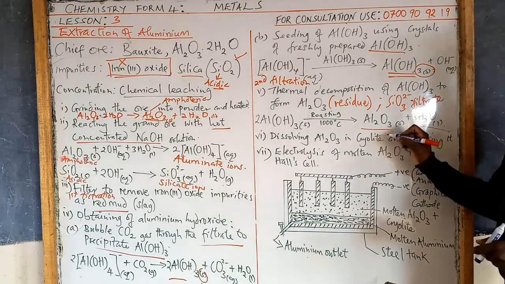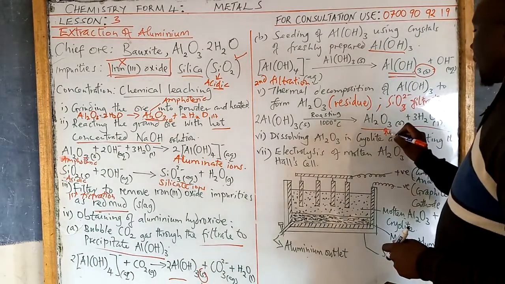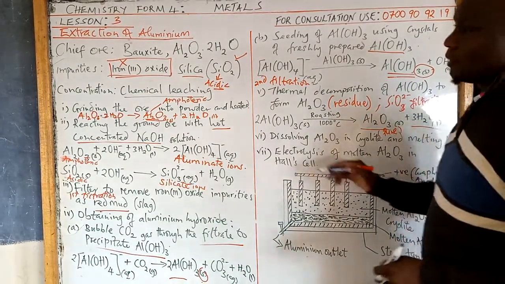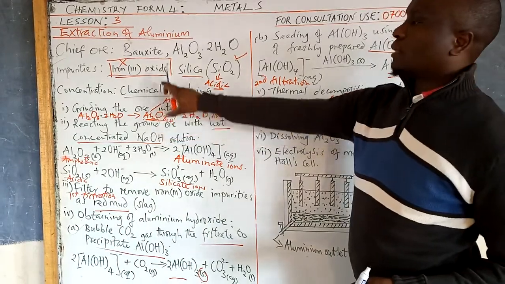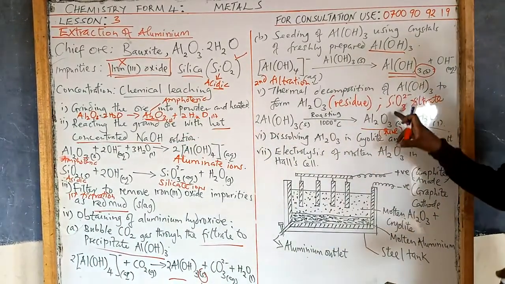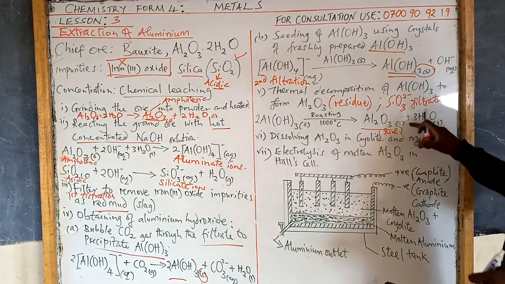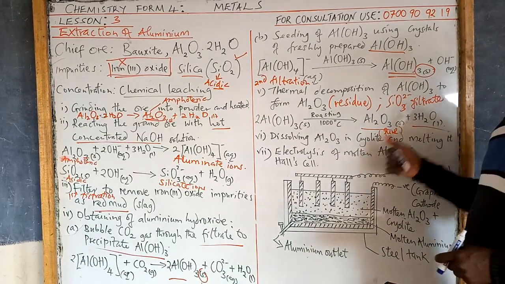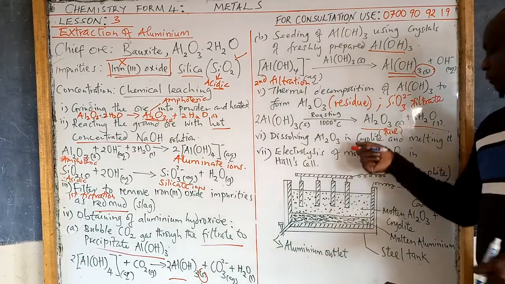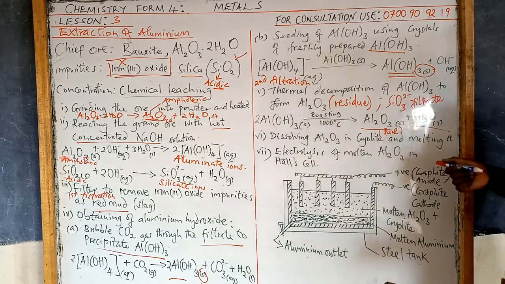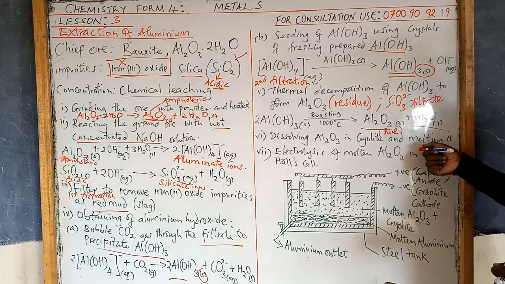Now this aluminium oxide formed now here, this is pure. Unlike this one here, this is impure, it contains the impurities. But this one now here, aluminium oxide obtained this way, is pure. Pure aluminium oxide is then dissolved in molten cryolite.